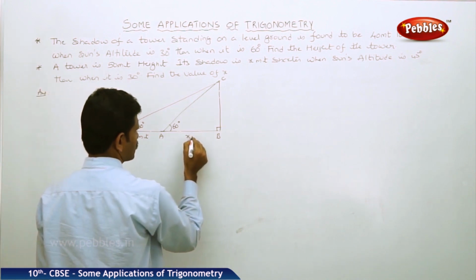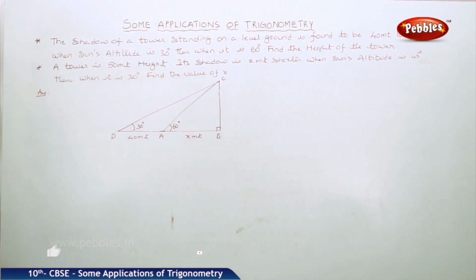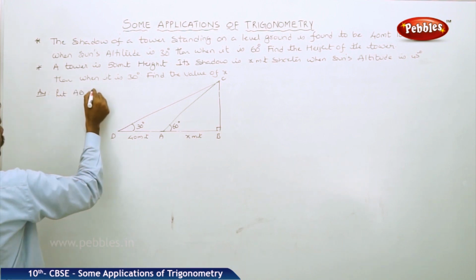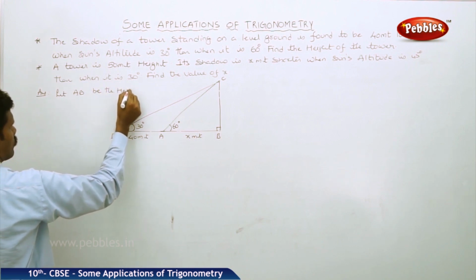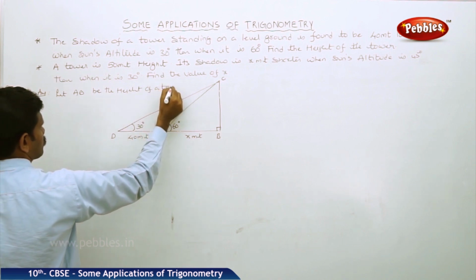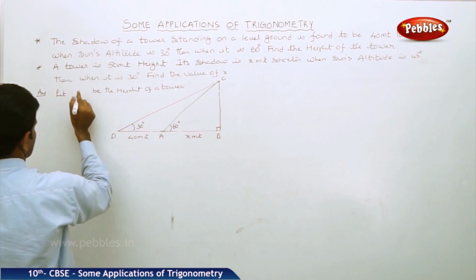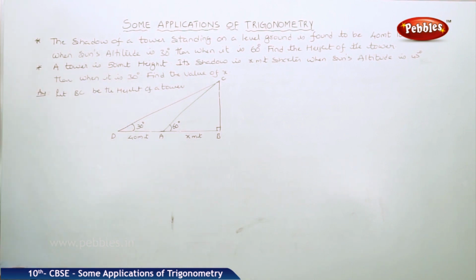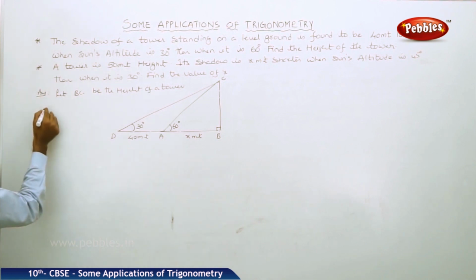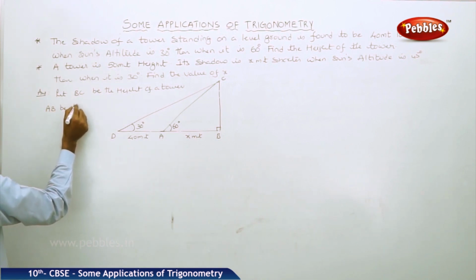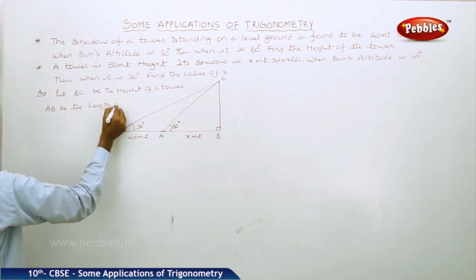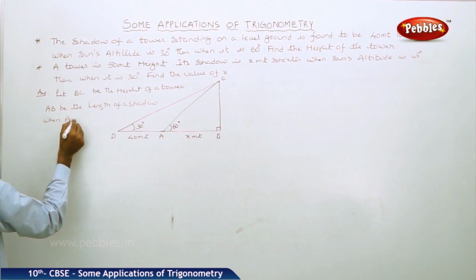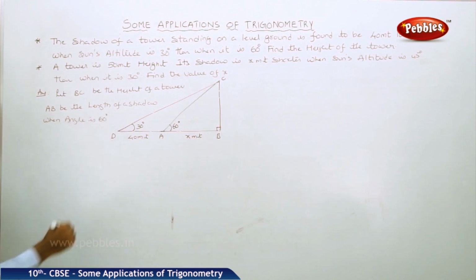Let us consider AB value is x meters. Let BC be the height of the tower and AB be the length of the shadow when the angle is 60 degrees.